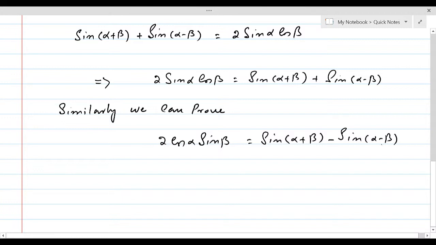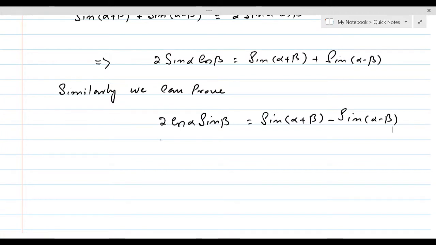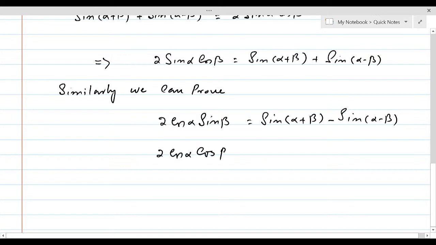And similarly, if we were to use cos of alpha plus beta and cos of alpha minus beta, we would have got 2 cos alpha cos beta equal to cos of alpha plus beta plus cos of alpha minus beta.